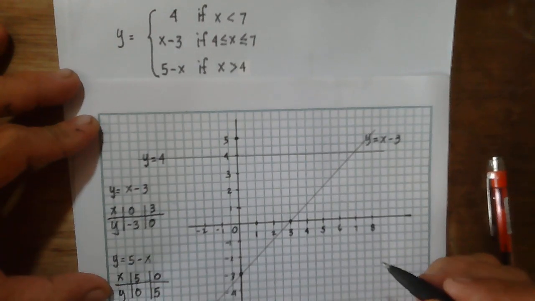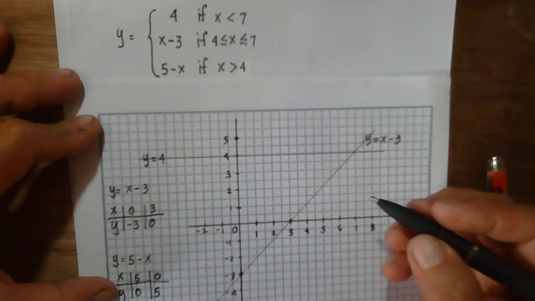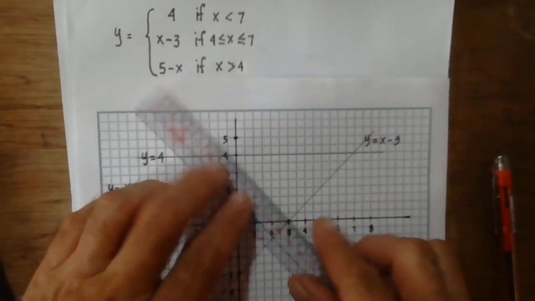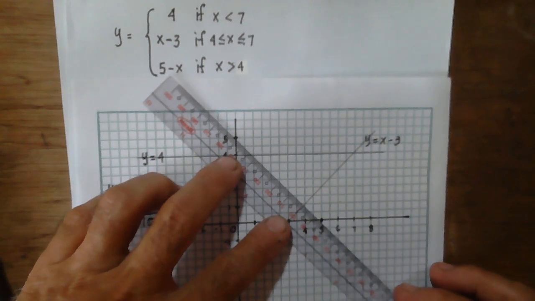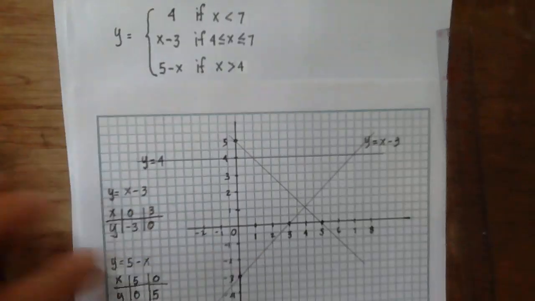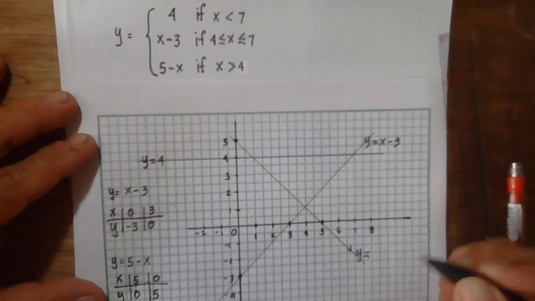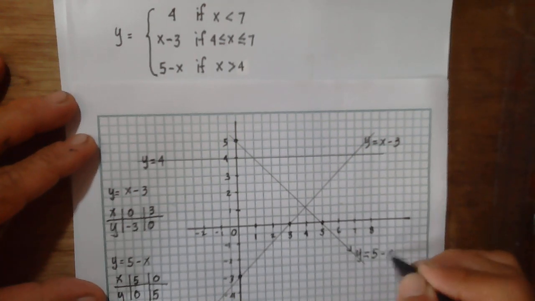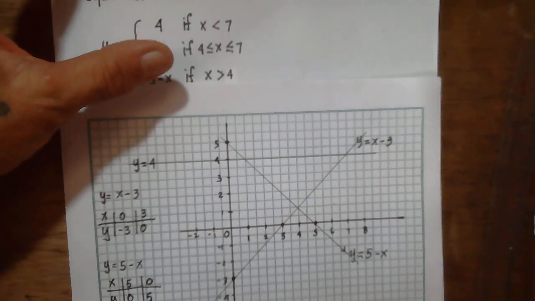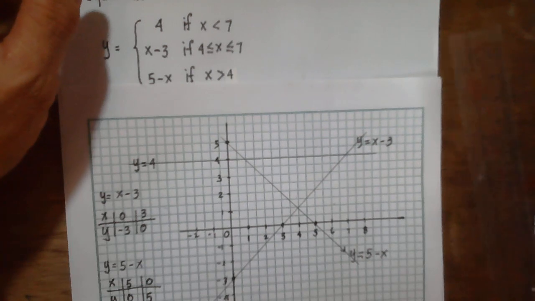And when y is 0, x is equal to 5. So we construct the line for this equation. And then we mark: this is the line for y is equal to 5 minus x.